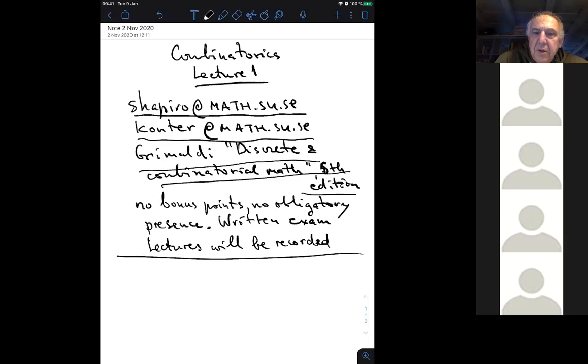In any case, I think it's a nice topic. At KTH, there is a fairly big group of combinatorialists working on this full time. I'm not a professional combinatorialist myself, but I've definitely encountered combinatorics in many research topics. Okay, so let's start.